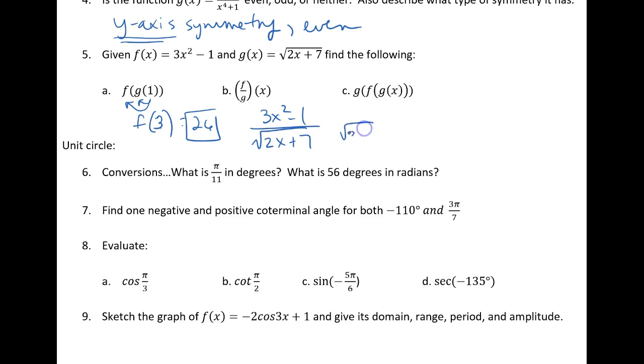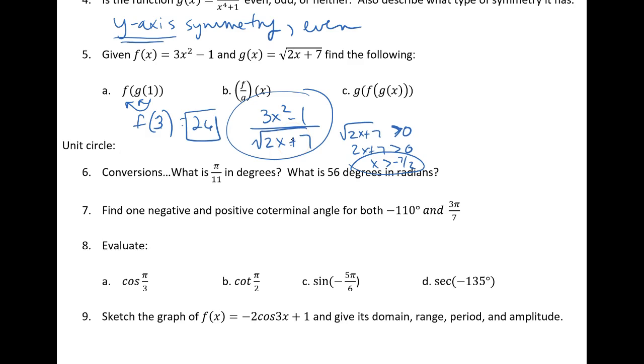I'm going to say 2x plus 7 better be positive. It better be bigger than 0. And then I'm going to solve that. Square both sides, move the 7 over, divide by the 2, and you're going to get that. So the answer is this, but you also need to write the restriction next to it. So just keep in mind, you've got to check your denominator to make sure that it is defined.